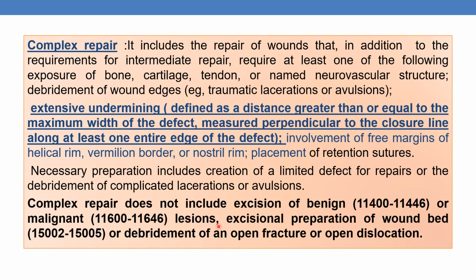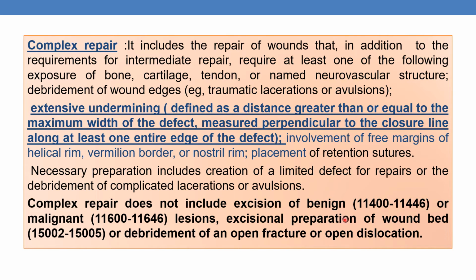This point we have discussed when we were talking about excision of benign and malignant lesions. Whenever excision of benign and malignant lesions requires intermediate or complex repair, then you should code both the codes of intermediate or complex repair along with the excision of either benign or malignant lesions.